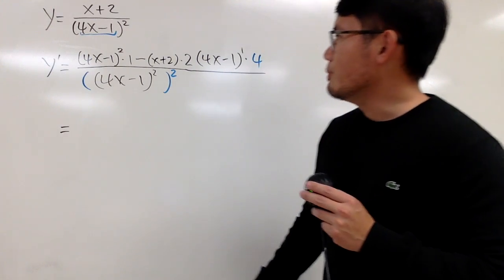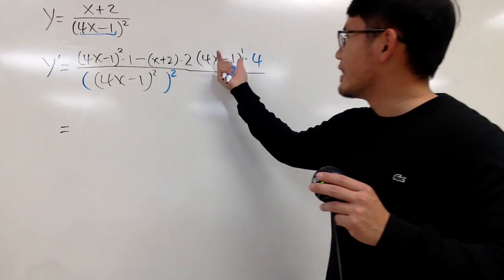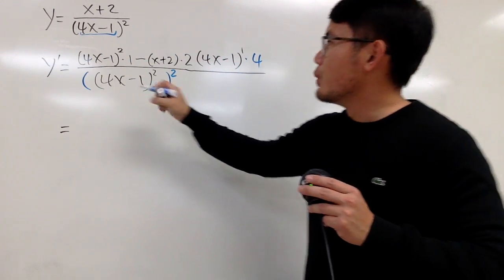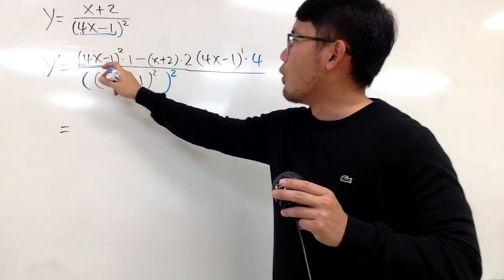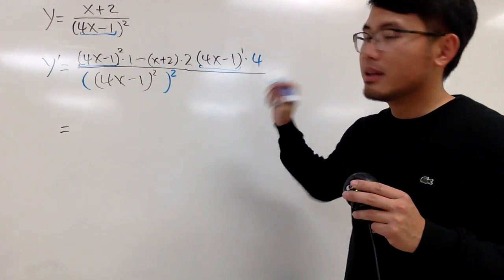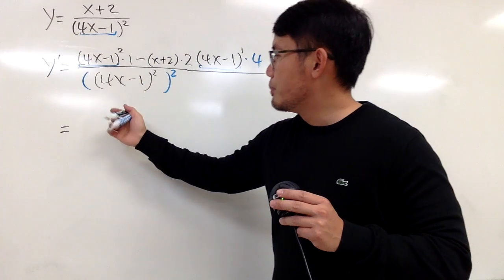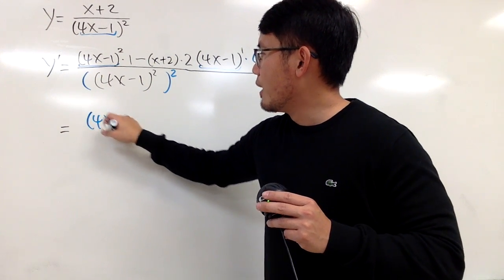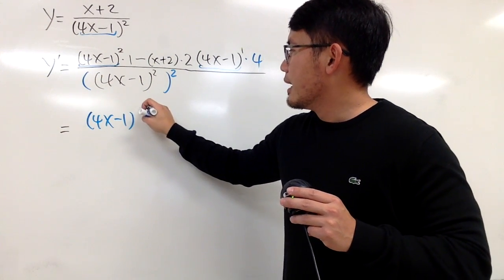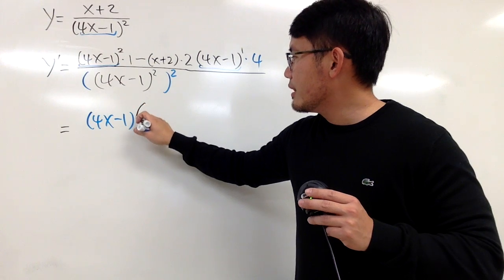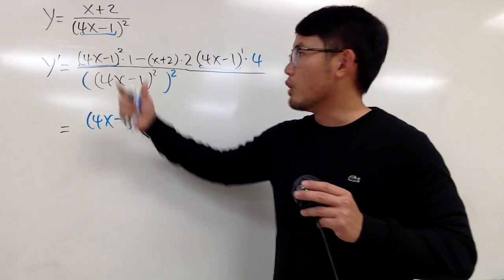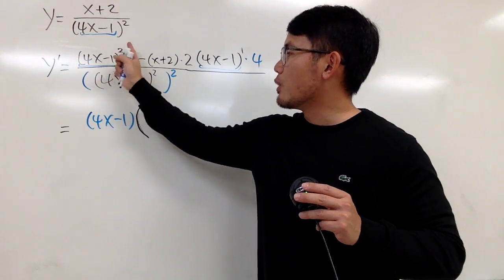Well, to do so, notice that this and that, we have a common factor. We can factor out one of the 4x - 1. So let's do that on the top. Let me put that all the way in the front. (4x - 1). And then we are going to end up with, well, for this term, we factored out one of this.